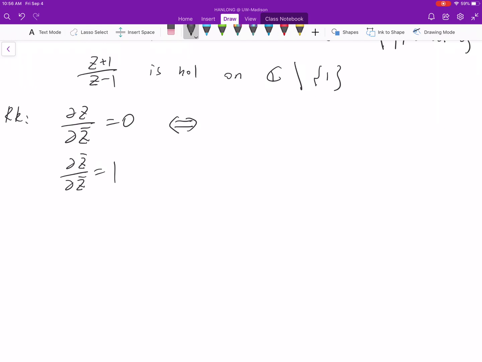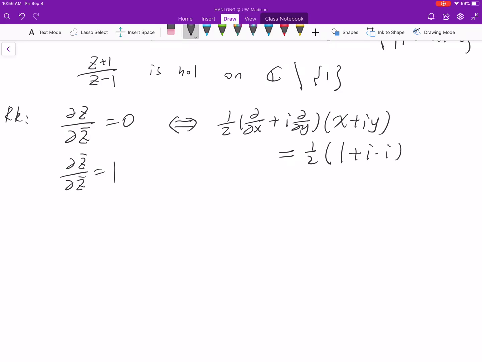So recall that this is equivalent to (partial x plus i partial y) applied to x plus iy. Okay, and if you compute this, what do you have? You have 1/2 (1 plus i times i), which is 0.